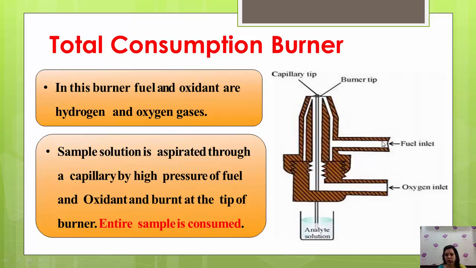The fuel and oxidant move through separate pipes, and all of them reach the top at the same time, where the sample solution is aspirated. Here utilization of the entire sample happens. The entire sample is consumed when it comes in contact with the burner.